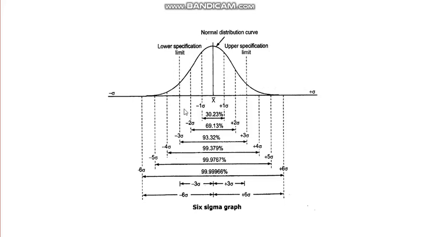And this curve that we got is called the normal distribution curve. Here you can see at minus 3 sigma and plus 3 sigma, you have these specification limits, lower specification limit and upper specification limit. The upper specification limit is sometimes called USL, and the lower specification limit is called LSL. Suppose our diameter is 50 plus or minus 0.02 mm.